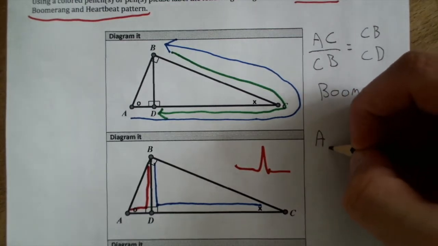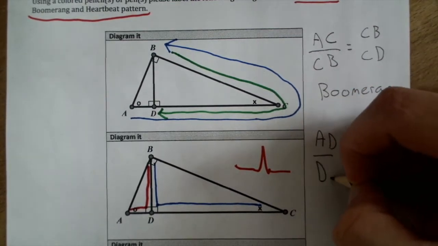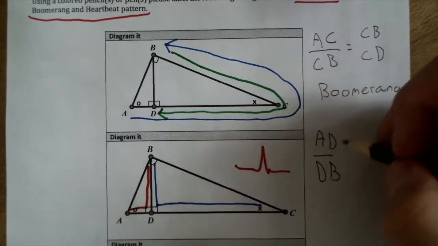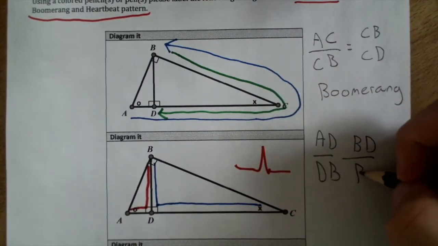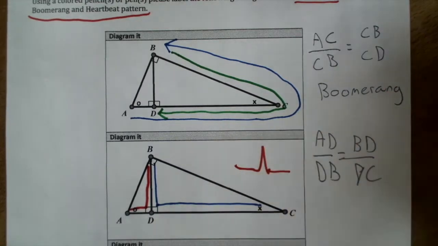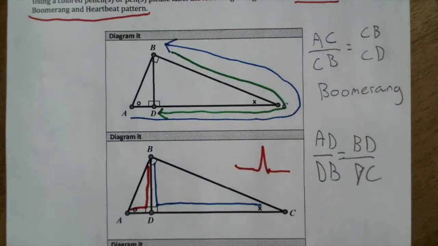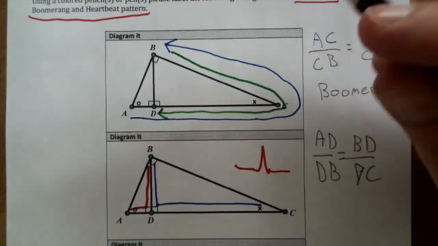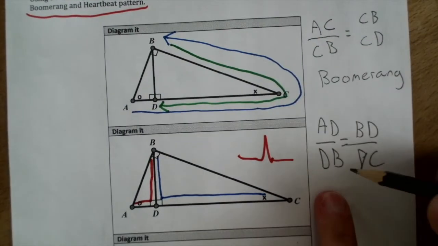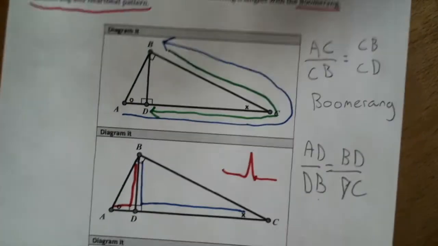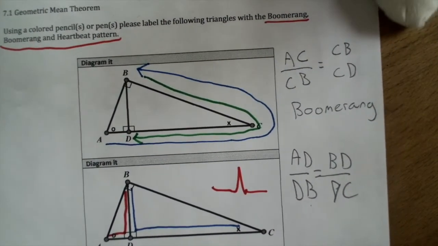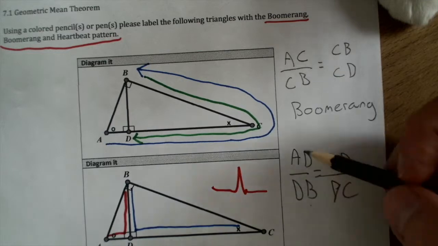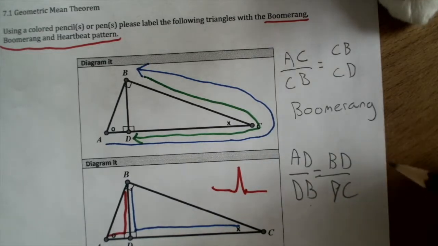So that's AD over DB. We come down BD over DC. And just as a reminder, when we are considering the notation for our segments, either one is going to be perfectly fine. DB is equivalent to BD, and AD would be equivalent to DA.